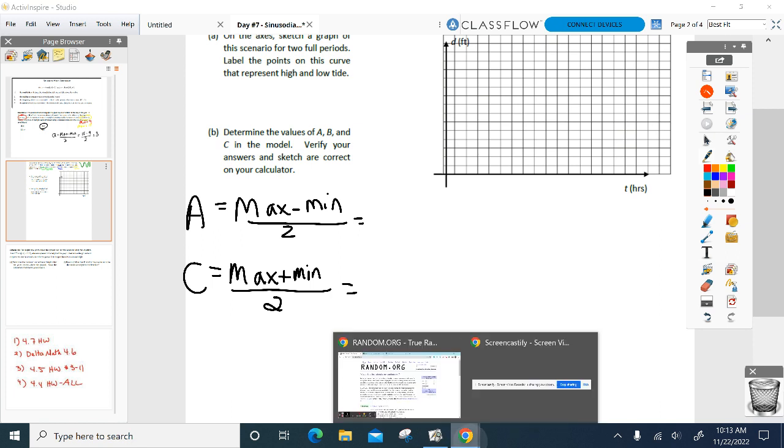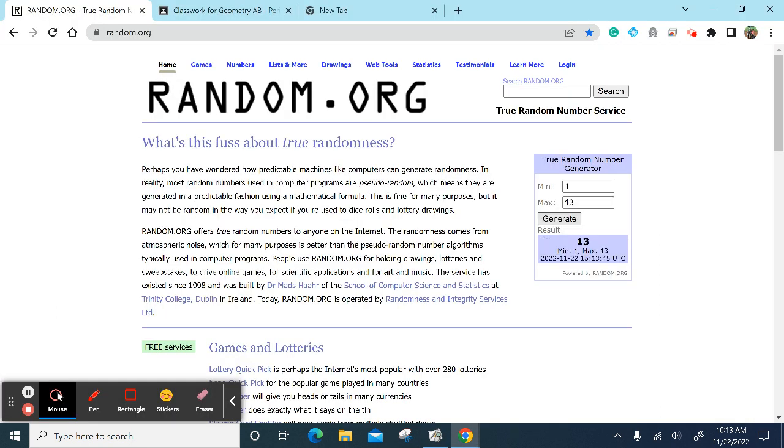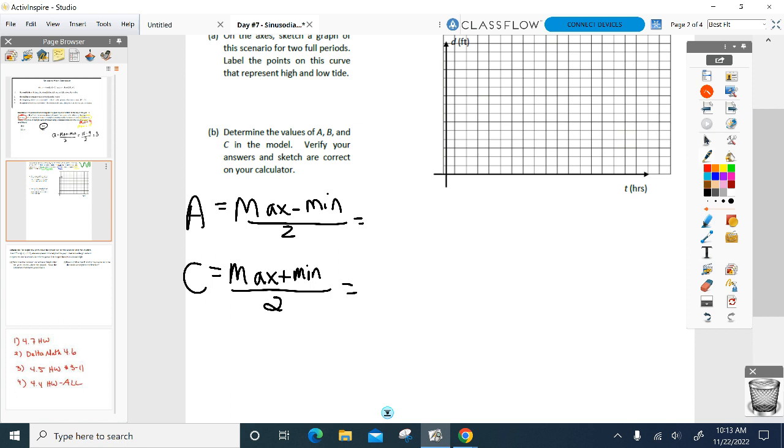Okay, A and C value. What do you have for me? 7 and 29. 7 and 29 look good to me.